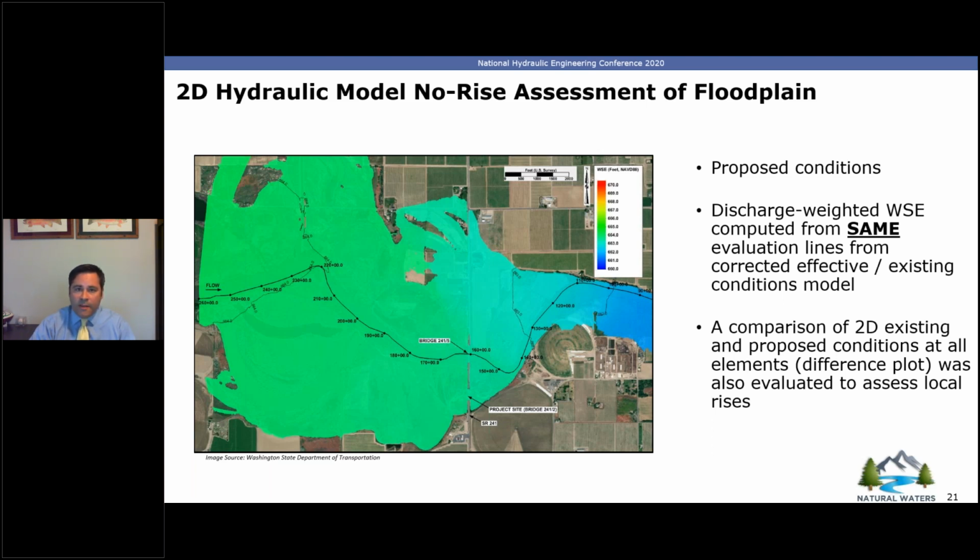And what was important in that is that we were able to note that there were no insurable structures that would be located within any kind of a local rise. So that is another assessment that was performed in addition to the discharge weighted evaluation lines.